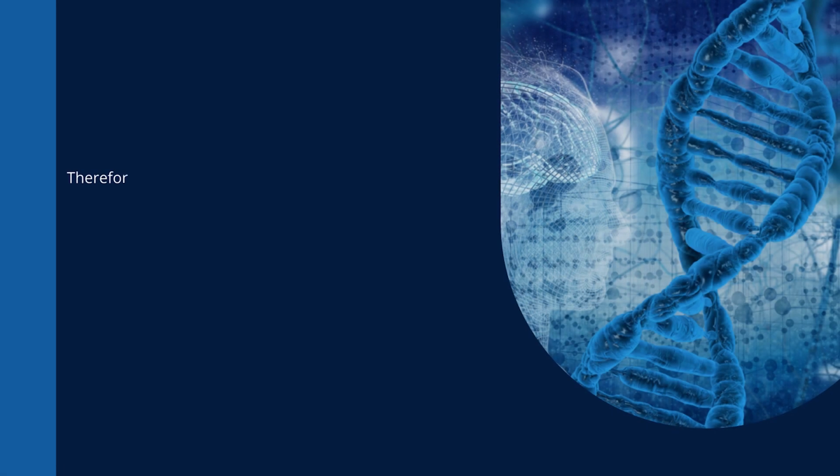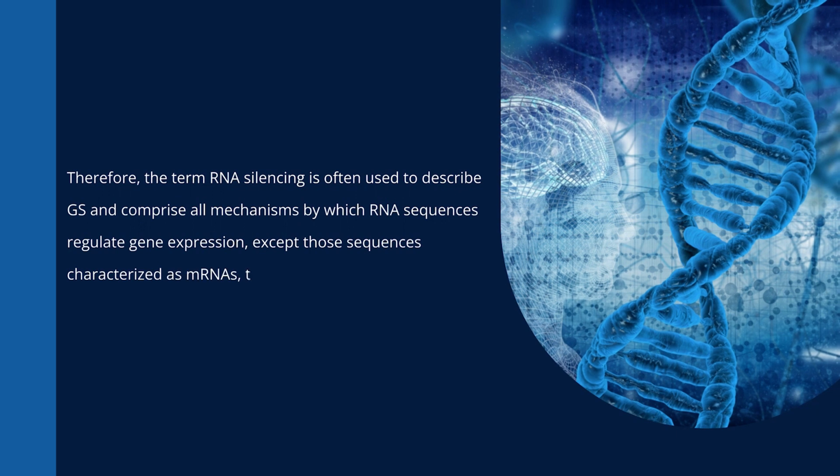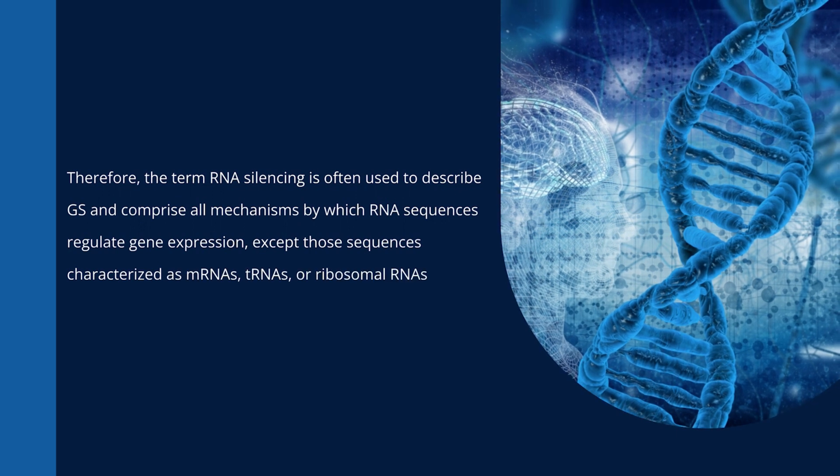Most gene silencing phenomena are related to RNA activity within the cell. Therefore, the term RNA silencing is often used to describe gene silencing, and comprises all the mechanisms by which RNA sequences regulate gene expression, except those sequences characterized as mRNA, tRNA or rRNA, that is messenger RNA, transfer RNA or ribosomal RNA.